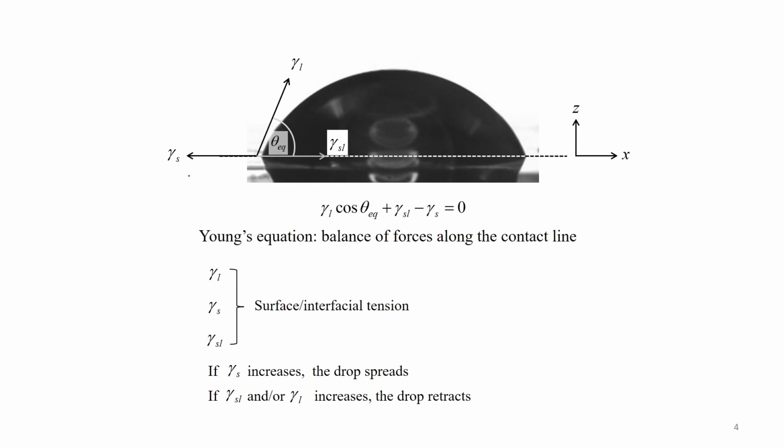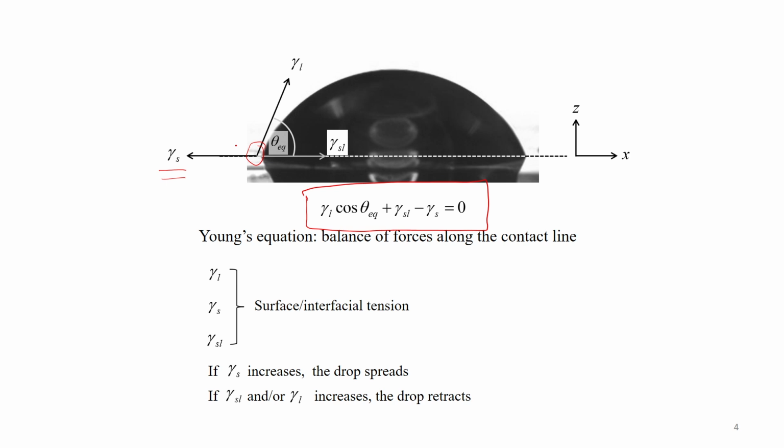Let us say gamma S is represented by the force in this direction, gamma L in this direction, and gamma SL. In essence, gamma L cos theta plus gamma SL minus gamma S is equal to 0, which defines a force balance at this three phase contact line.